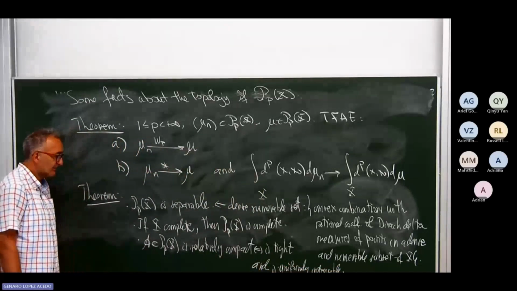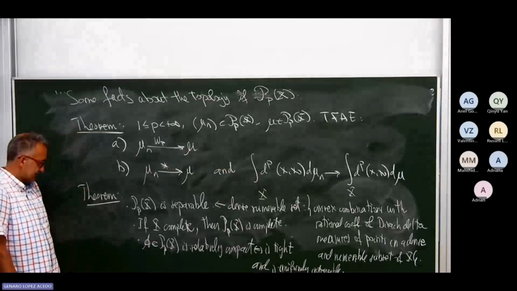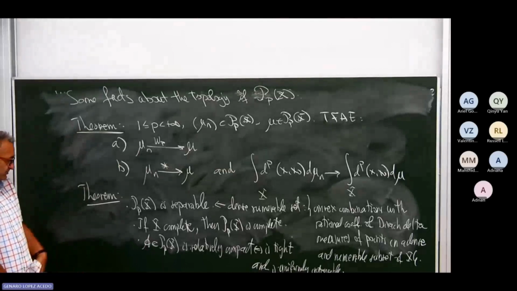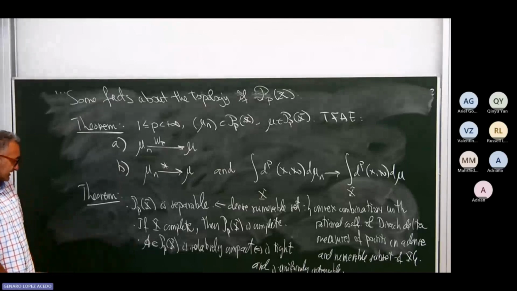That means a bound for all of them. All right. We have more or less that. We could guess this from the Prokhorov theorem.